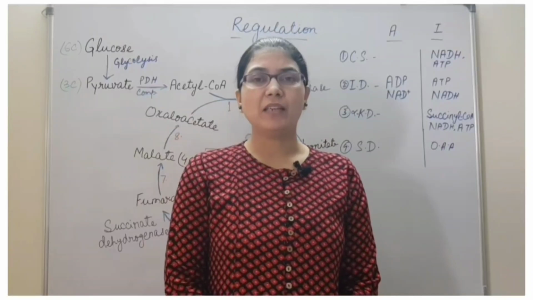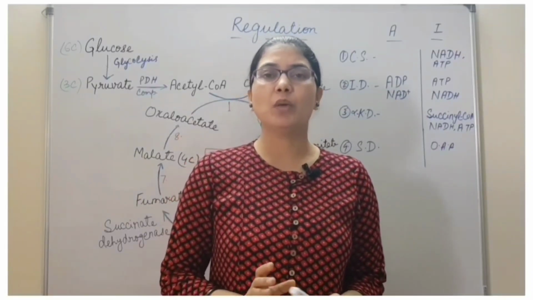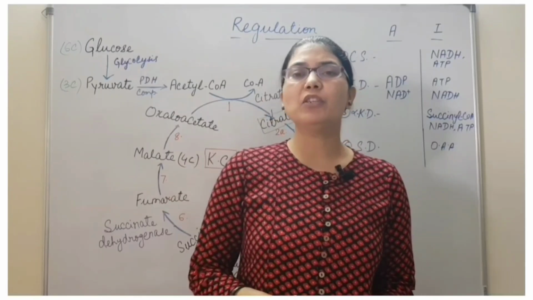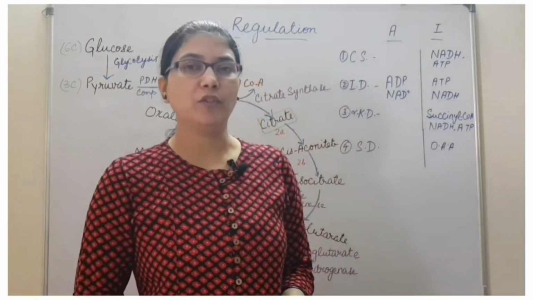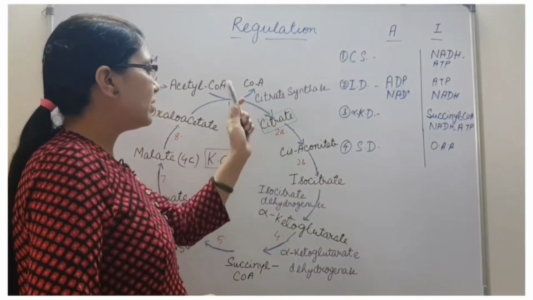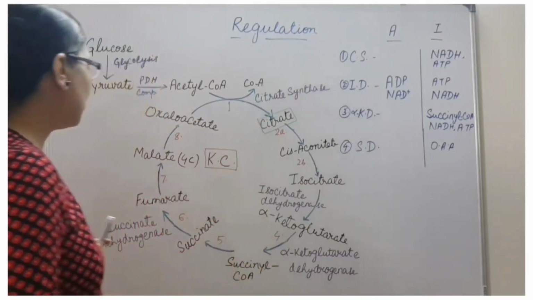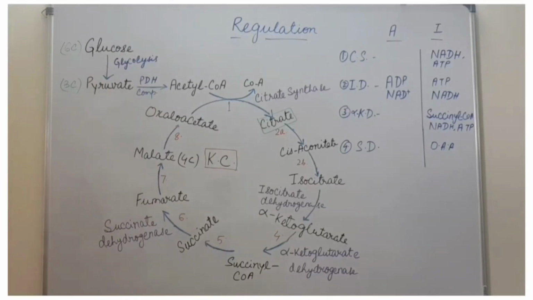Regulation of Krebs cycle is important because if it goes unchecked, this will cause wastage of energy and accumulation of ATP and NADH. There are 4 regulatory enzymes: citrate synthase, isocitrate dehydrogenase, alpha-ketoglutarate dehydrogenase and succinate dehydrogenase.